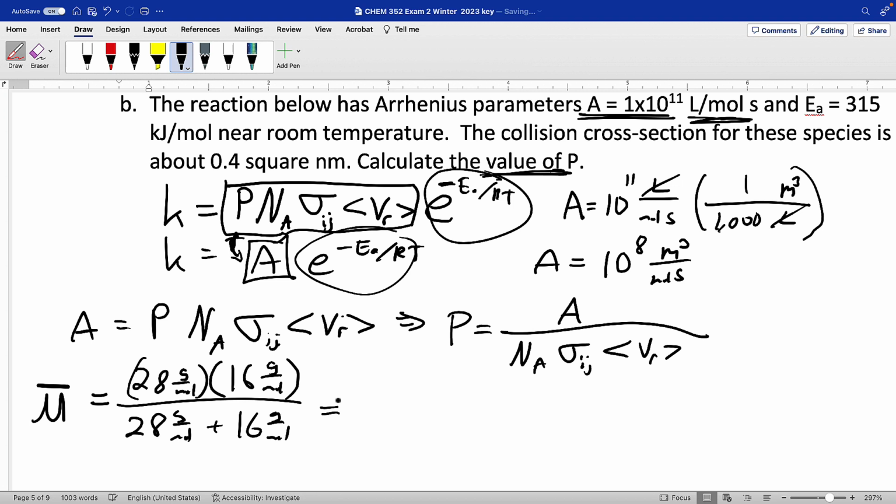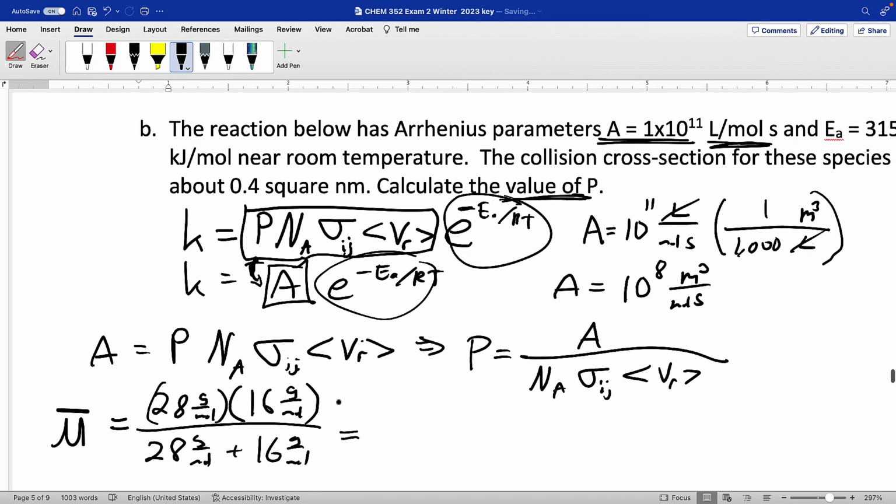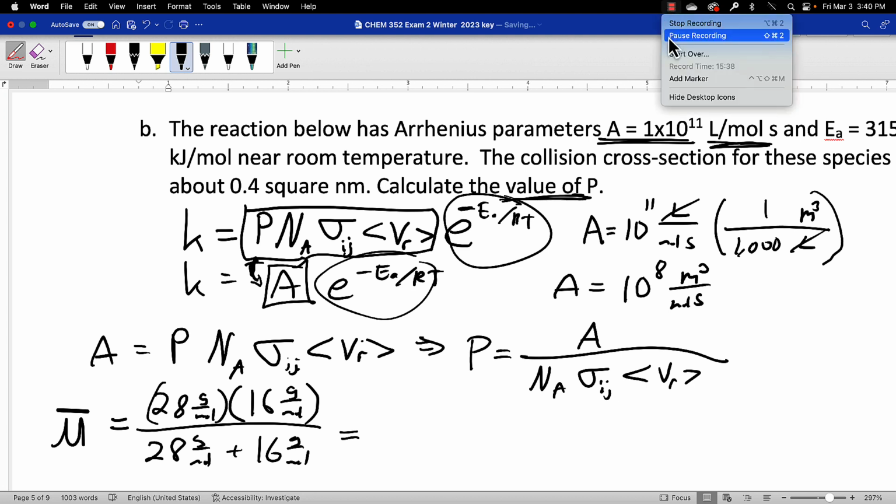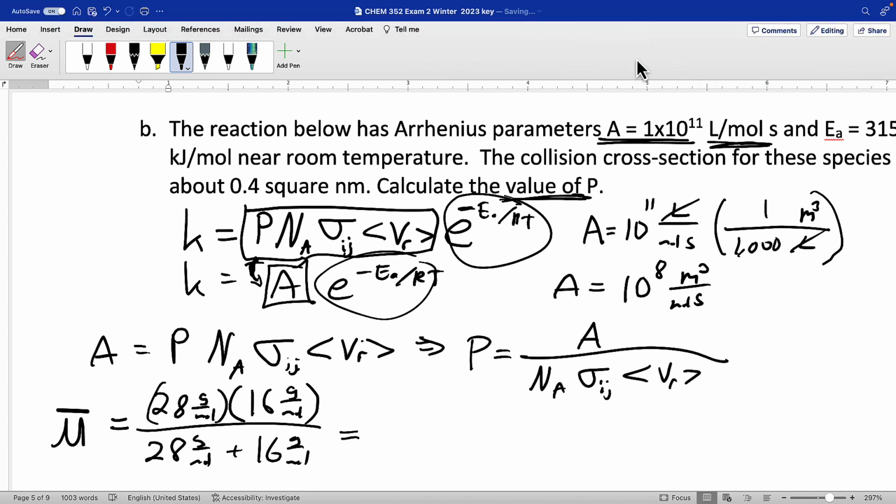And that comes out to something like 10.18 grams per mole, but we want to put this in SI units. So we'll say that is 0.1018 kilograms per mole.